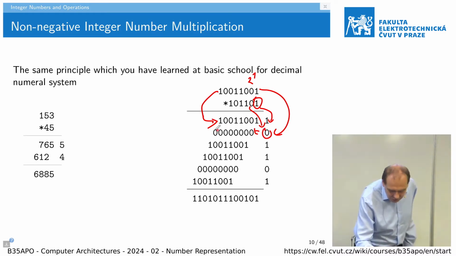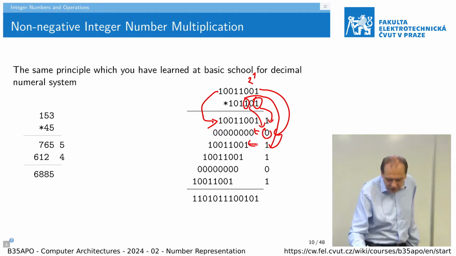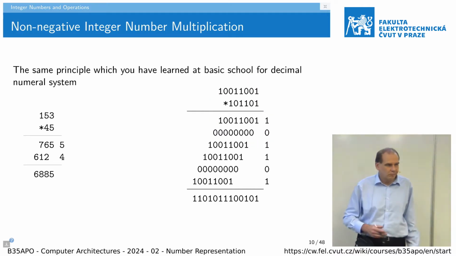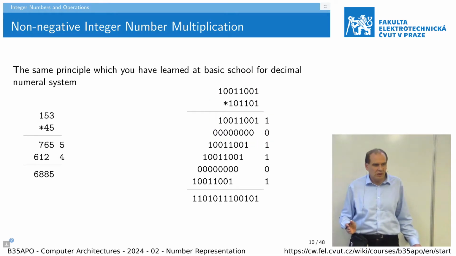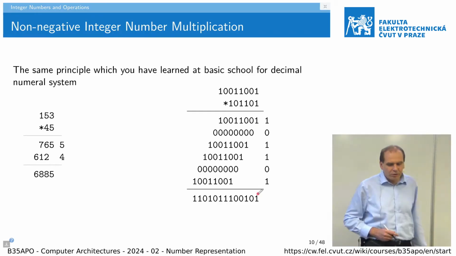But it is 0, so there is no problem. Then we have this another one. We take the value, multiply it, but in this case we need to shift it to the left by 2 positions. Easy, I hope that there is no problem. And then there is the final step, which is to sum all those inputs.